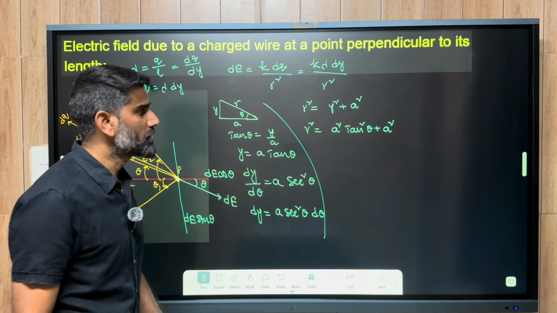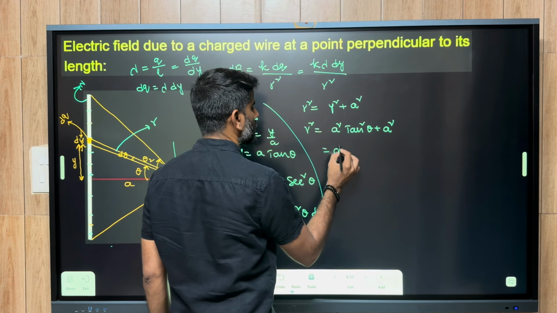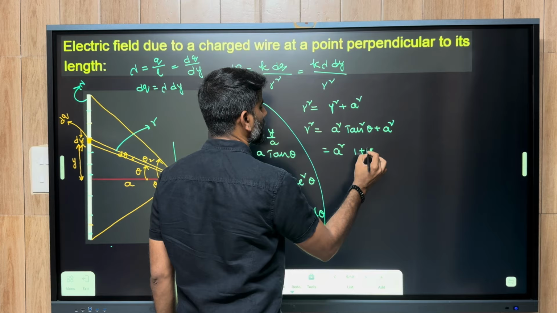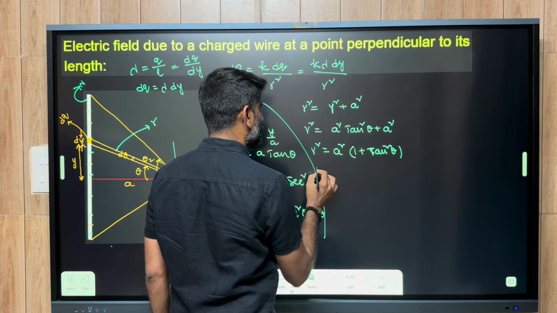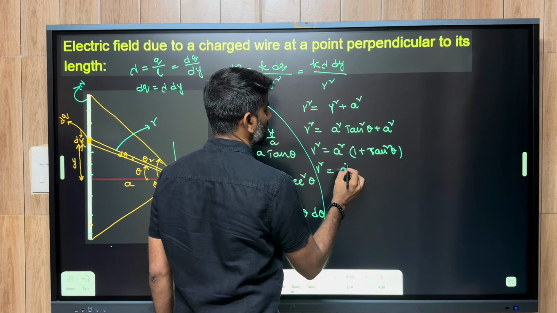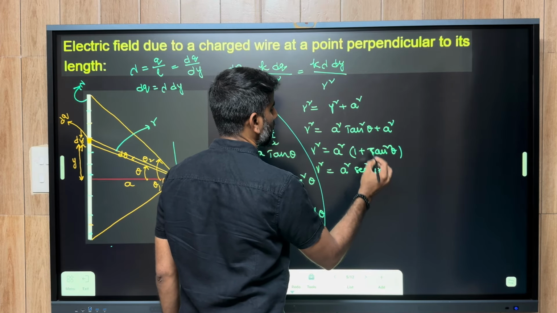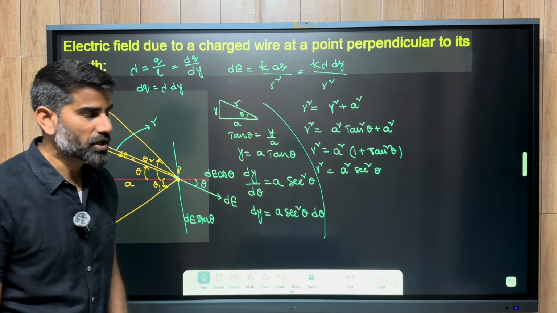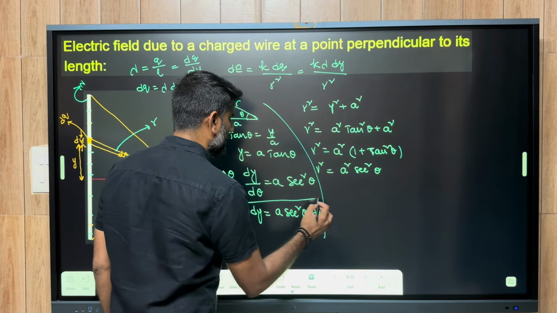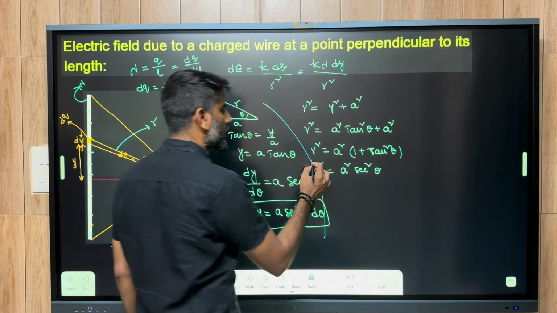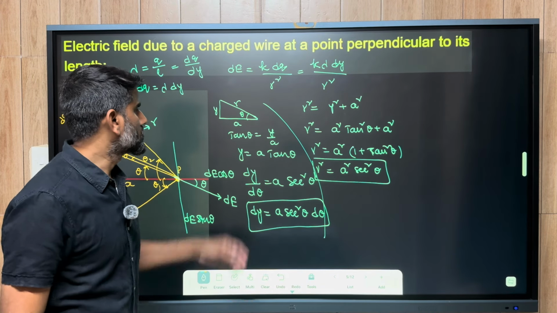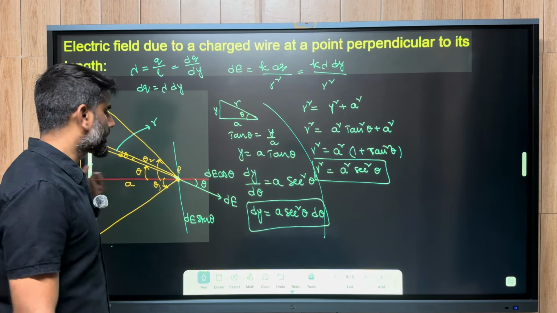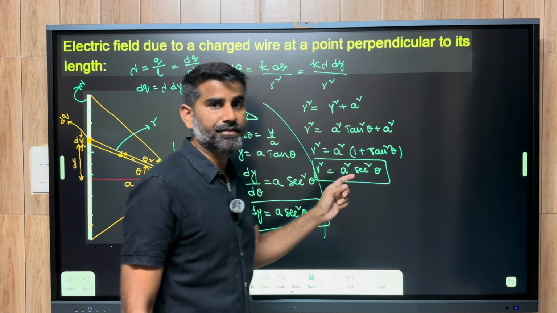If I take a square common, what am I getting? 1 plus tan square theta, and I know 1 plus tan square theta is nothing but secant square theta. So r square is a square secant square theta. I don't need the entire analysis, but I wanted to show you how I arrive at these results. I use this simple right angle triangle to arrive at these results.